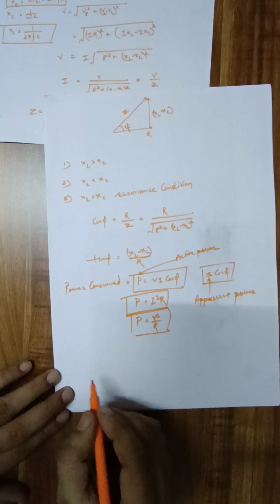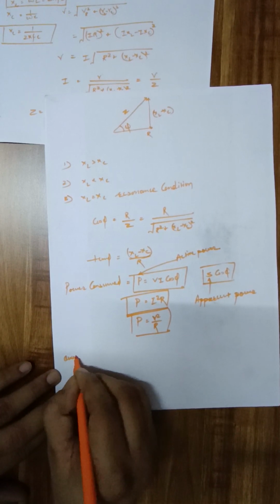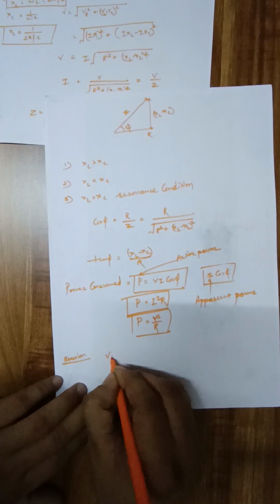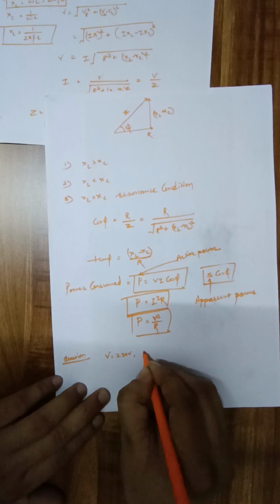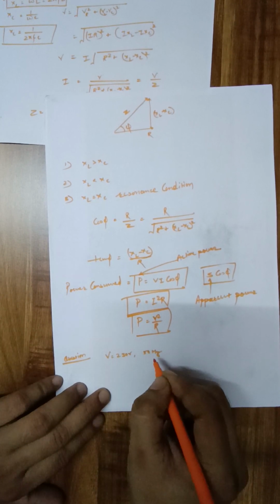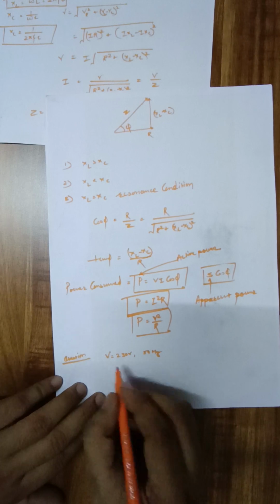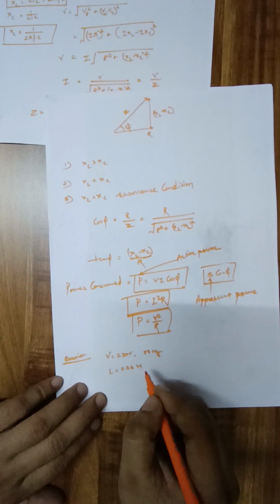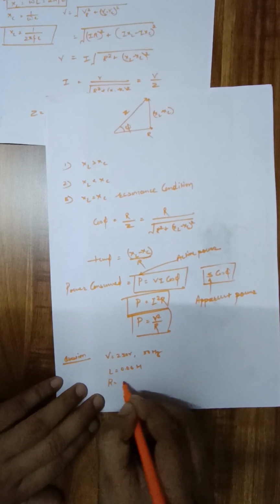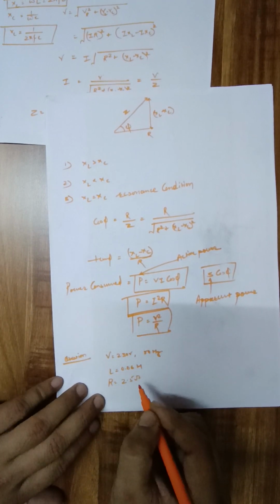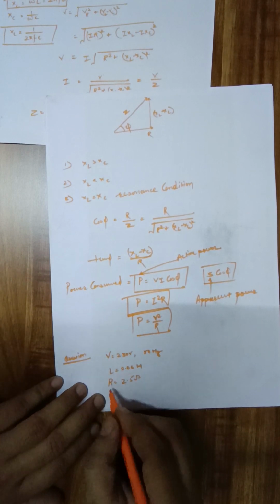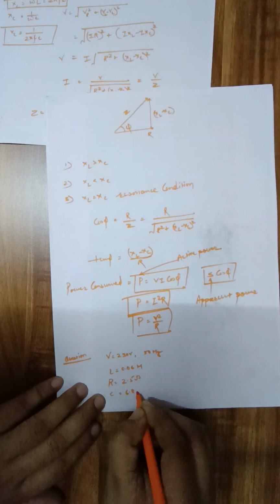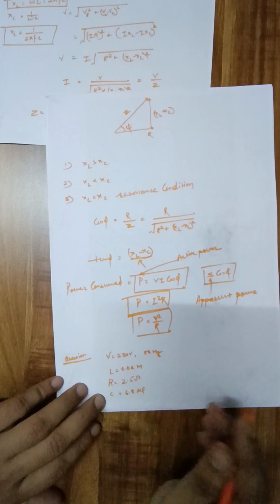So the question is like, in an AC circuit, voltage is given 230 volt, frequency is given 50 hertz, L is given 0.06 Henry, R is given 2.5 ohm, and C is given 6.8 microfarad.